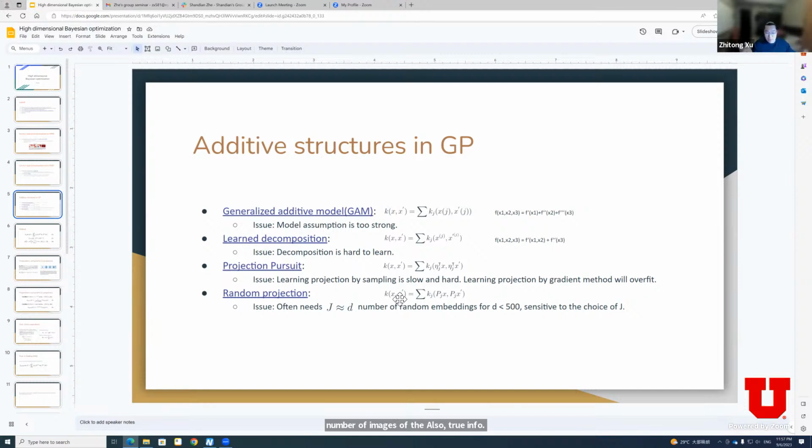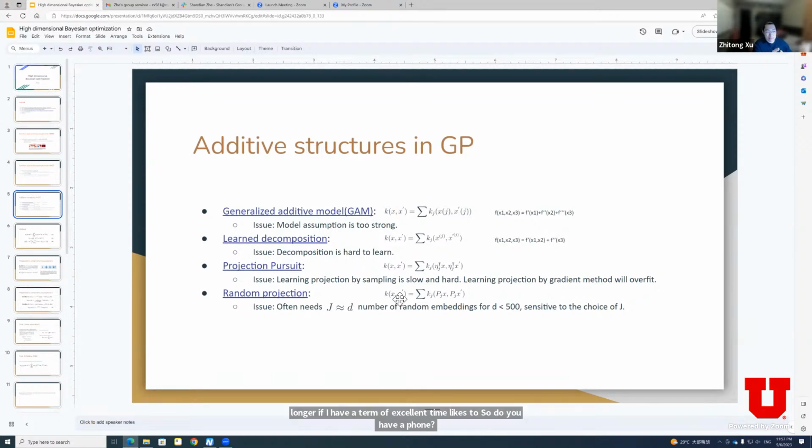For example, if I have a function of x1, x2 and x3, and it follows the structure f(x1) plus f(x2) plus f(x3), then it follows the GAM structure. It means we cannot have any coupling between variables, so there's no idea of grouping. The issue is that the model assumption is too strong. For example, if you have a term x1 times x2, the GAM will fail.